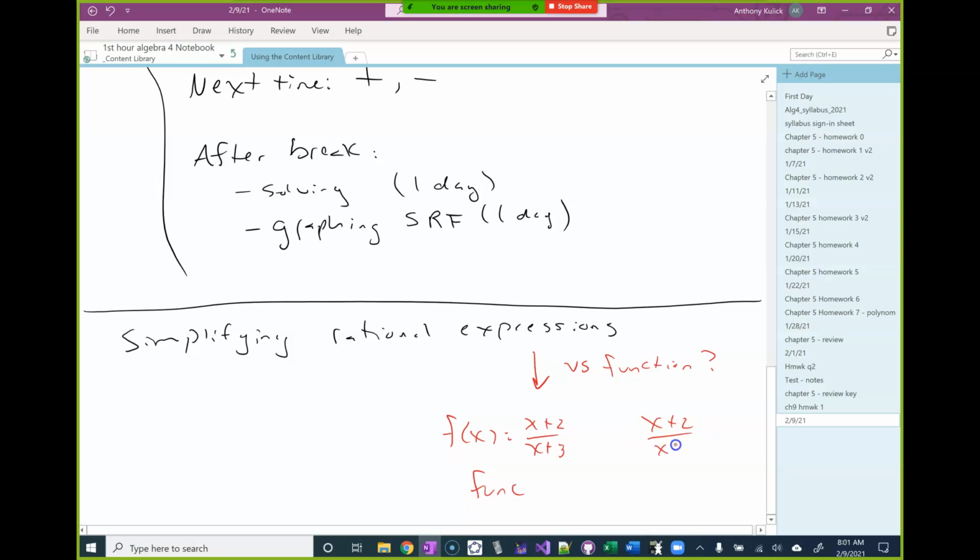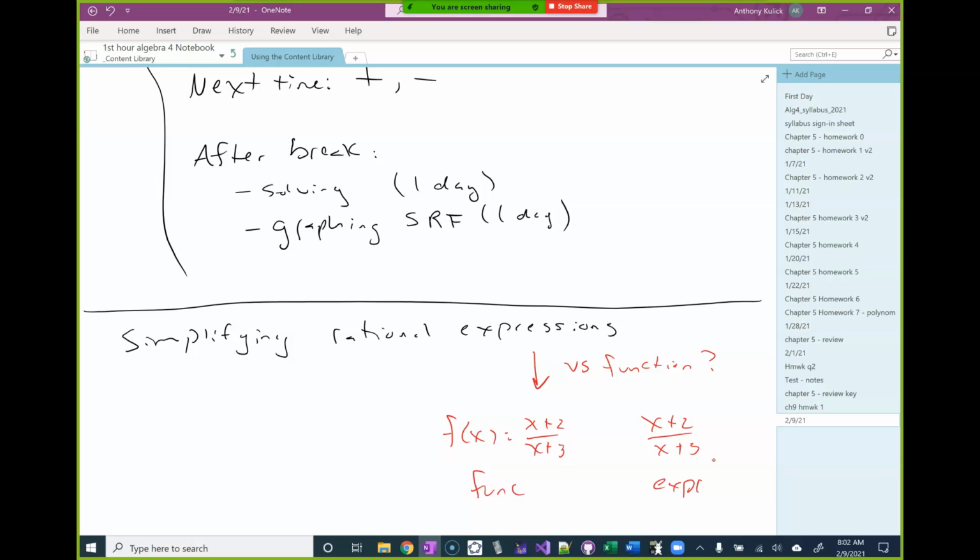If I just write x plus 2 over x plus 3, that's an expression. From what you're seeing on your sheet of paper, there's really not a lot of difference between the two, but I just want to make sure that I'm being clear with the vocab. Everybody's okay with that idea?